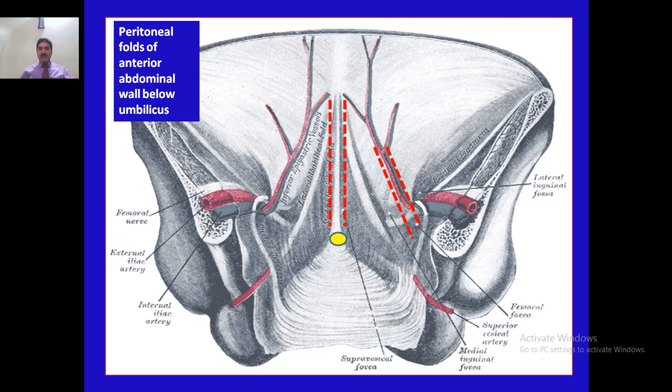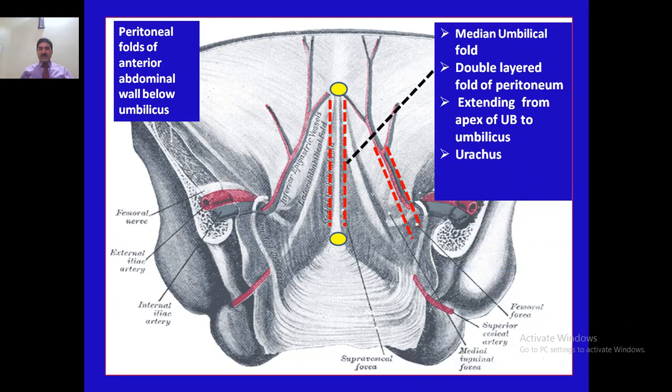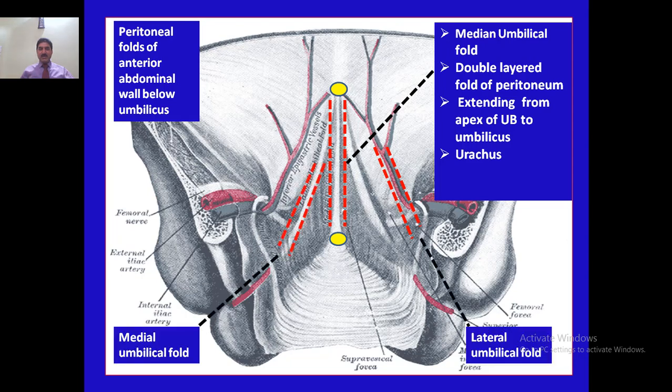It connects the apex of the urinary bladder with the umbilicus and contains the urachus. The second fold is lateral to the median umbilical fold. We call it the medial umbilical fold. And the fold lateral to the medial umbilical fold is called the lateral umbilical fold.